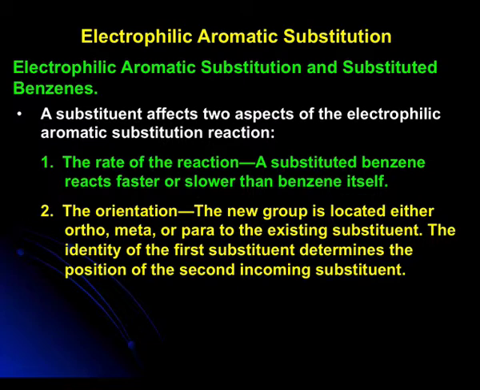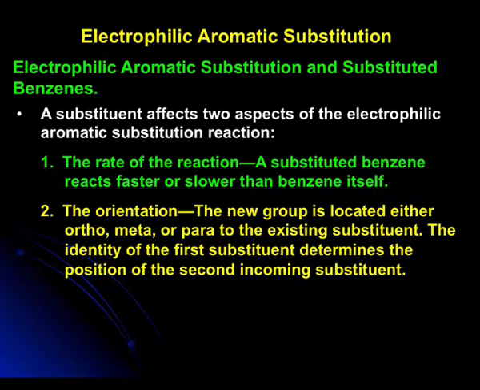So for a substituent that we already have on benzene, we can sum it up from what we just saw. If we have a substituent on benzene, we can predict whether or not that substituted benzene will react faster or slower than unsubstituted benzene. If the group that's attached to the aromatic ring can donate electrons to the ring, it's going to be activated, and so the reaction will occur faster than unsubstituted benzene.